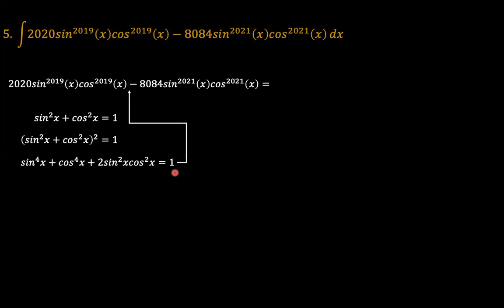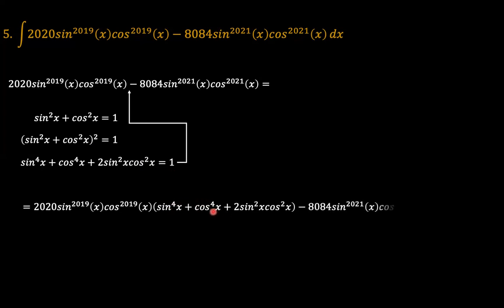So if I plug that right after that first term, then we get that 2020 sine to the power 2019x times cosine to the power 2019x can be multiplied by sine to the power 4x plus cosine to the power 4x plus 2 sine squared x cosine squared x. And then the last term can be kept as it is.